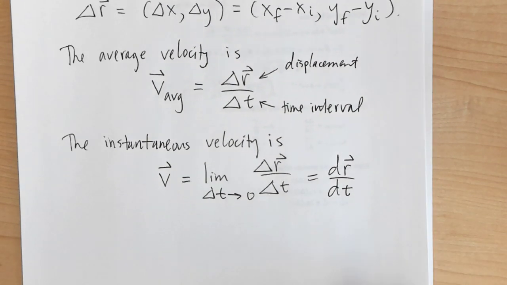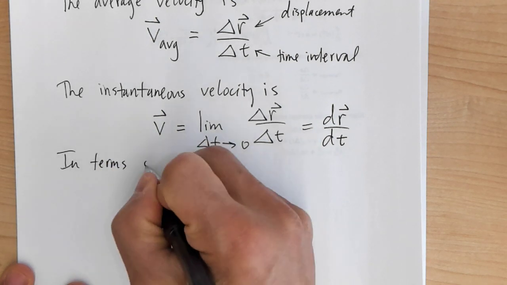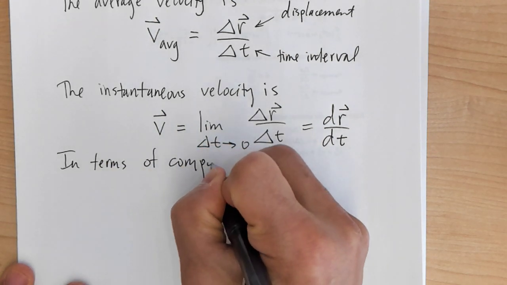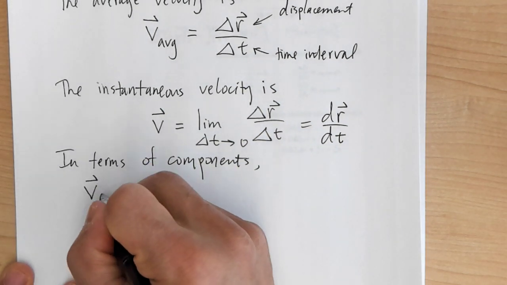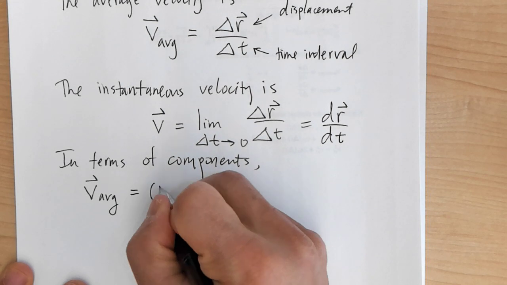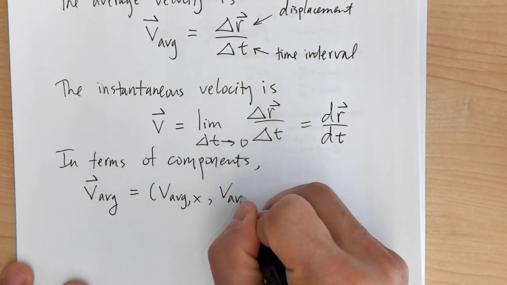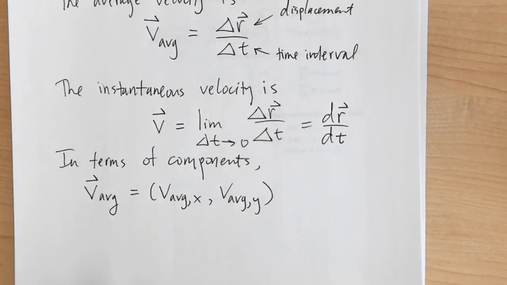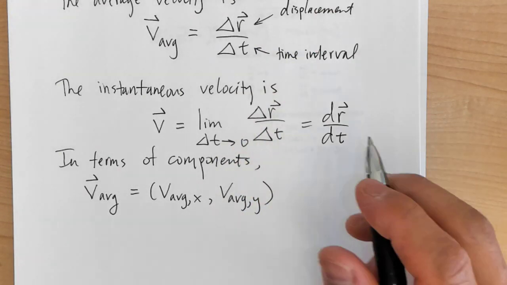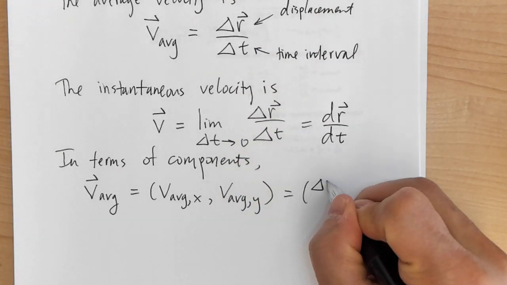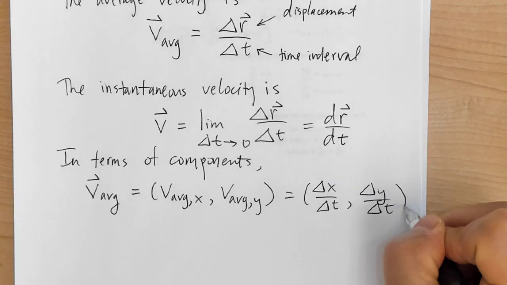Now, the meaning of these things in terms of components: we just say V average is equal to the average x component, the average y component, and then we take the x component, the y component of this side of the equation. So we will have delta x over delta t, delta y over delta t.